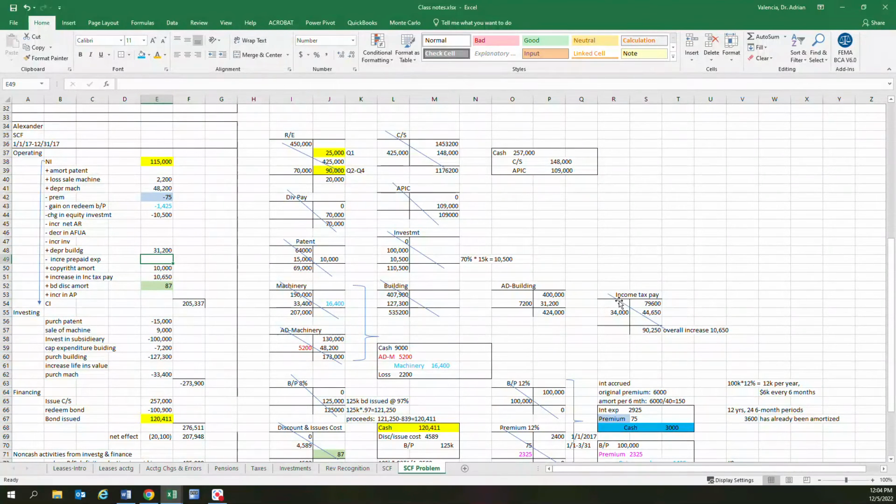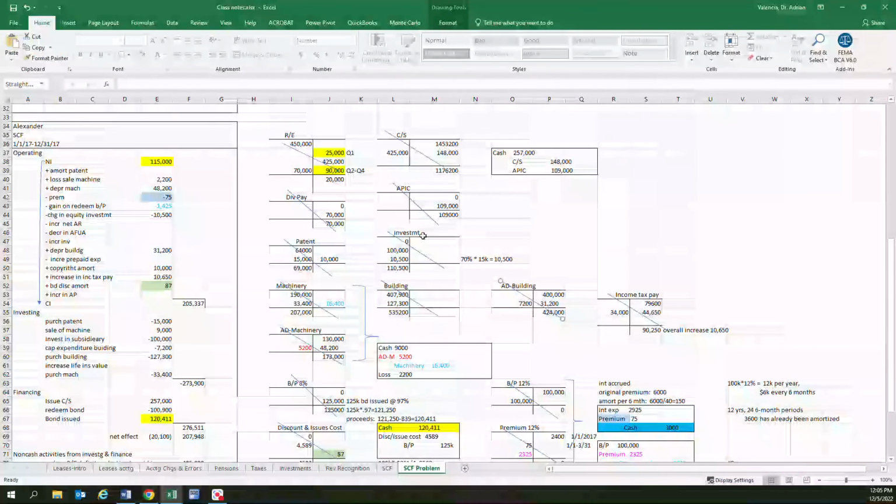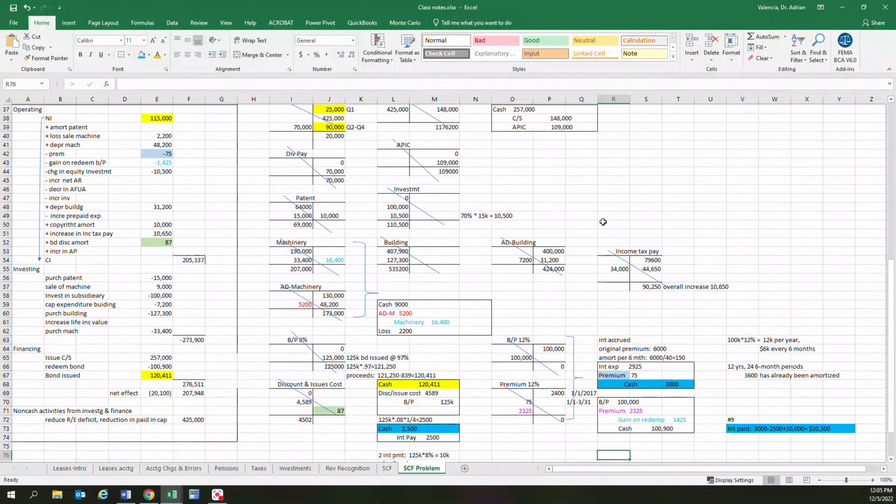Okay, so that fully explains that one as well. And I'm going to cross it out. All right, let's see what else we have. That's all in terms of the ones that we did T accounts for, right? Yeah.